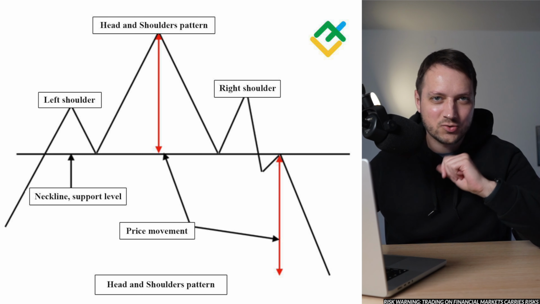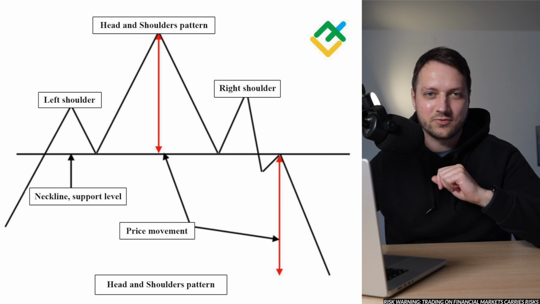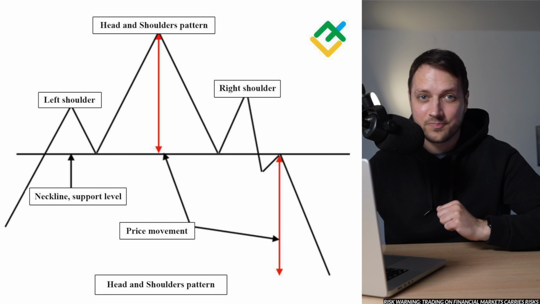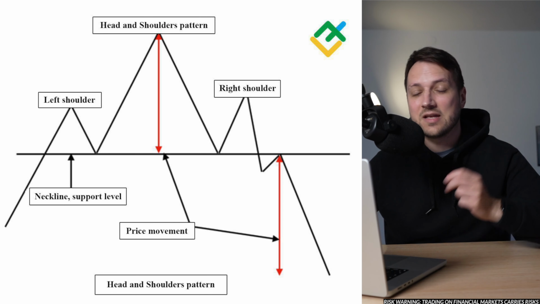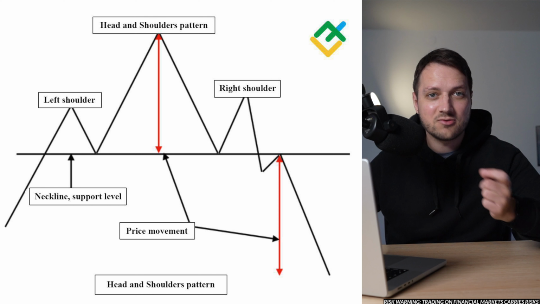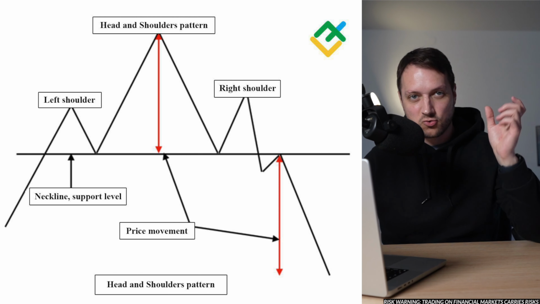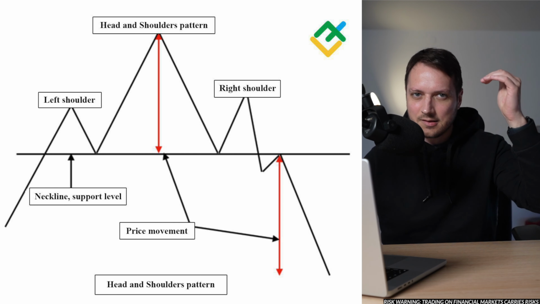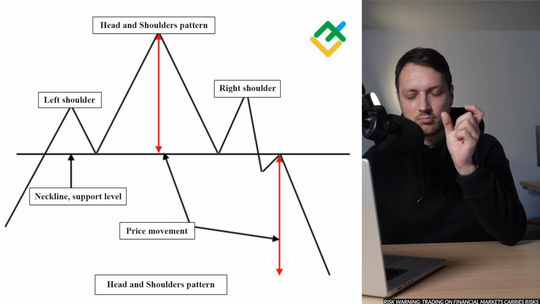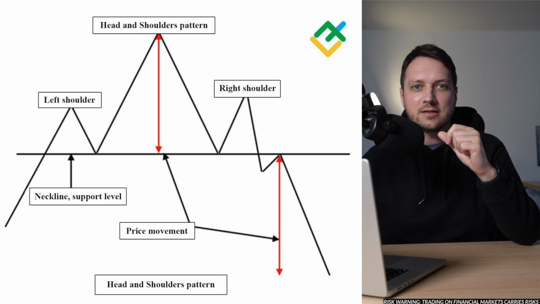So, sell trades should be opened only after the formation of the right shoulder, the breakout of the neckline level by quotes from the top down, and the consolidation of the price lower. In addition, the right shoulder should be slightly higher than the left one, but it is not always like that.